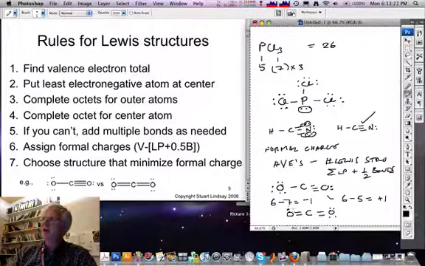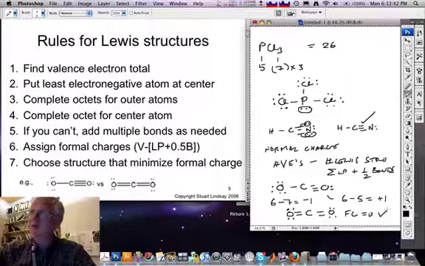The number of electrons on the carbon is right. On the oxygen, it's 1, 2, 3, 4, plus a half of this bond, 6, that is correct, and 6 for this. So this one has a formal charge of 0 on the atoms, and is indeed the correct structure.